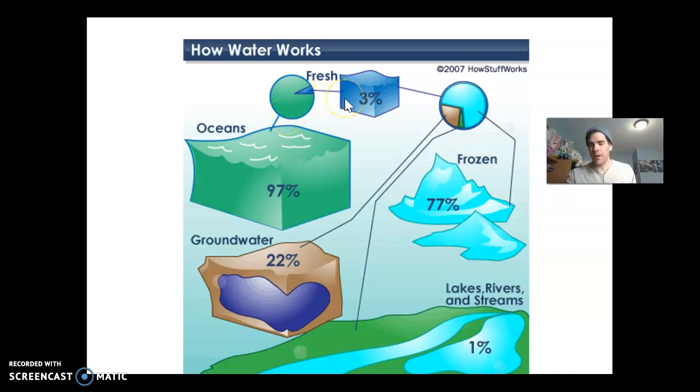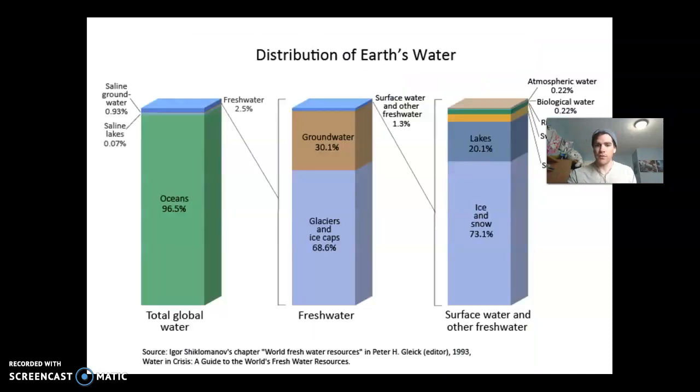Only about 3% is freshwater, and of that 3%, 77% is inaccessible. It's frozen in either permafrost or icebergs or whatever else. 22% then is groundwater. 1% are those lakes, rivers, and streams.